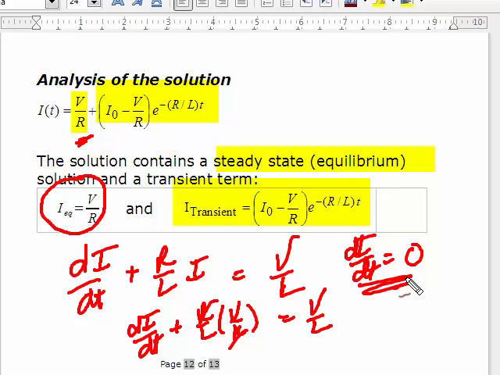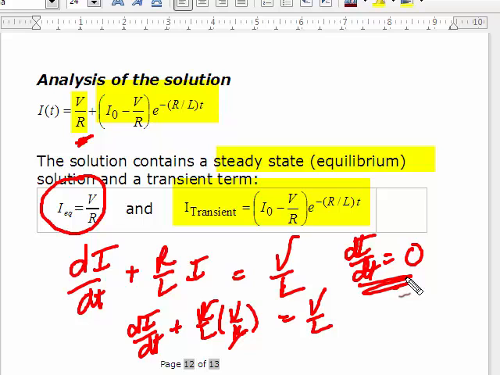And that shows that it is an equilibrium solution. If you start at some current that is equal to the voltage divided by the resistance, then you're never going to change. The current's going to stay just exactly the same in that equation.